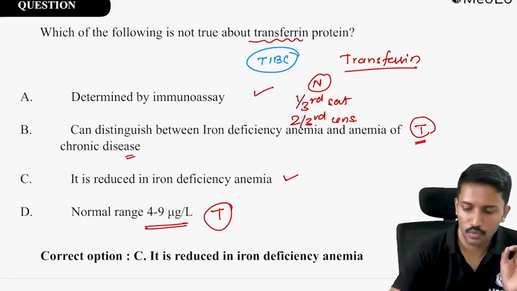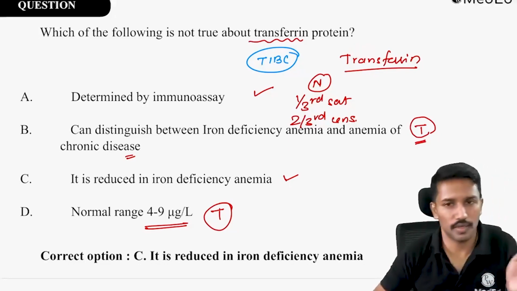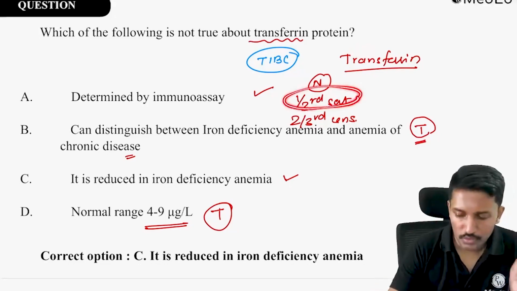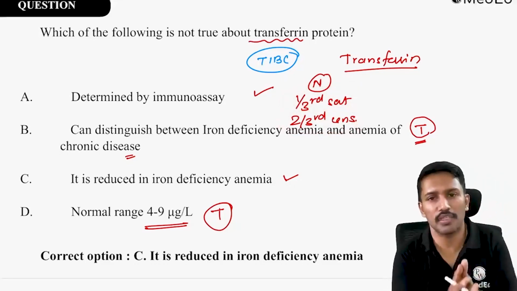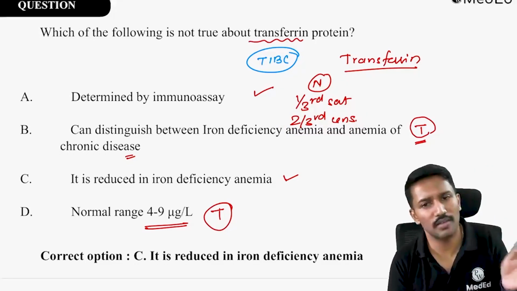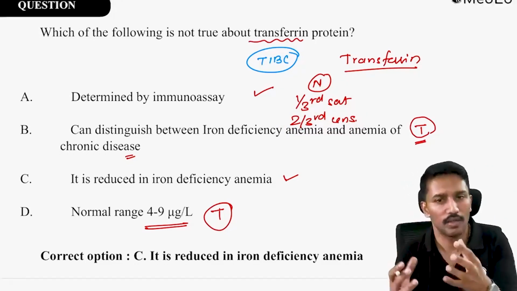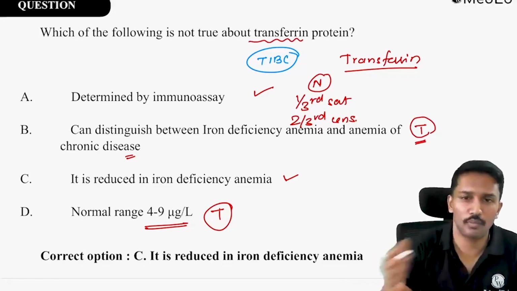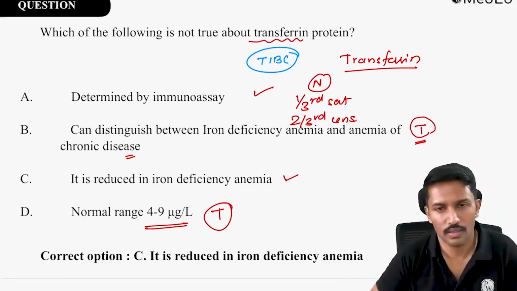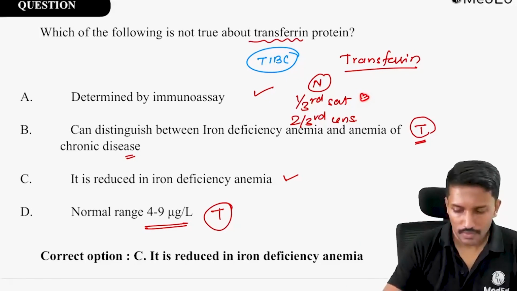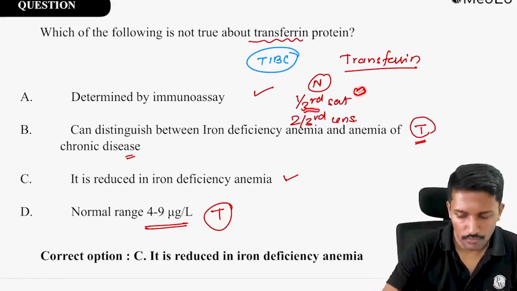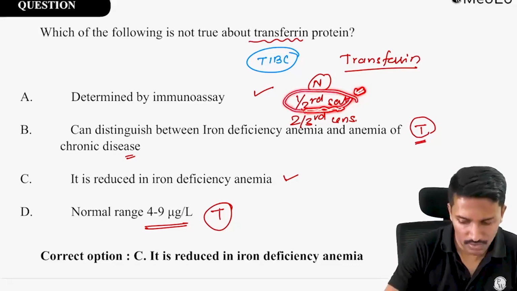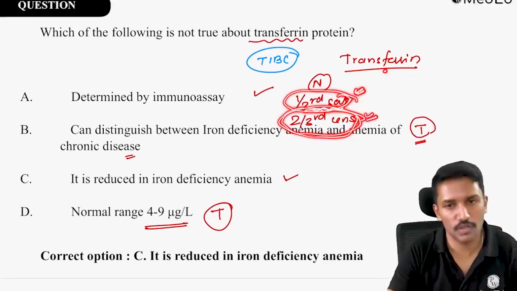It is basically the amount of iron that can be bound to transferrin. If it is more saturated, it can bind less because it is already saturated, right? Let me say 50% of transferrin molecules are bound by iron, then only the remaining 50% molecules can bind the iron, right? Okay. So now if I have a condition where there is iron deficiency, then less amount of iron is saturated with the transferrin and there is availability of the unbound molecules for binding.